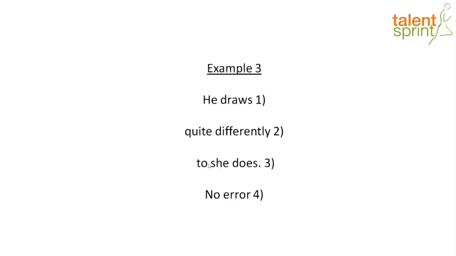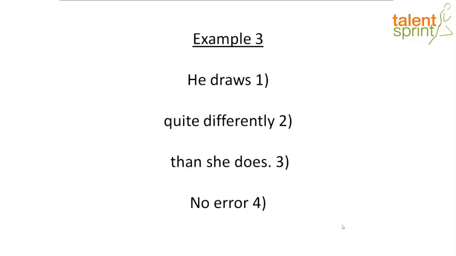So they're comparing their drawings. So he draws quite differently than she does. Let's make that change. So the error is in part 3 and we've changed "to" to "then". So he draws quite differently than she does. Our clue word being the comparative adverb in this particular example.